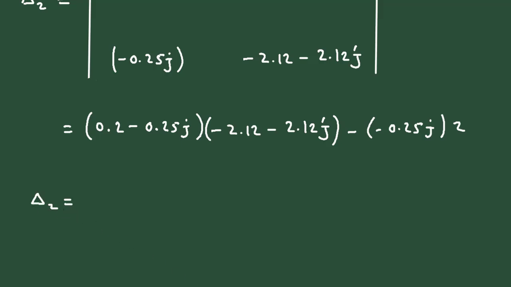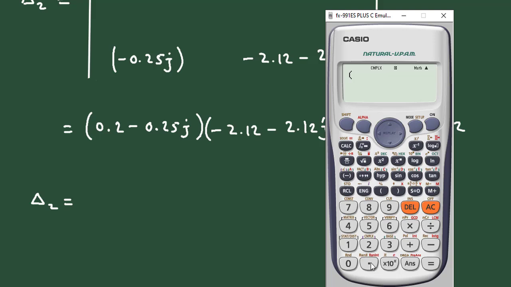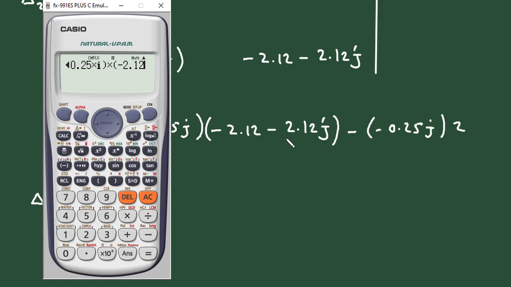So delta 2 is equal to 0.2 minus 0.25j, then multiplied with minus 2.12 into j, then minus 0.25j multiplied with 2.